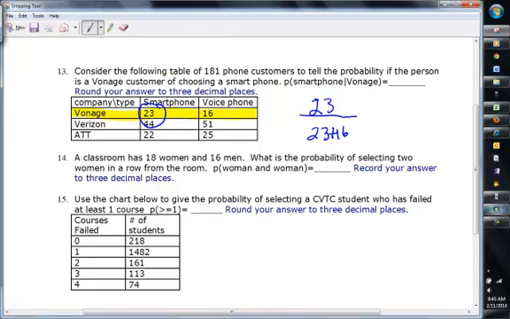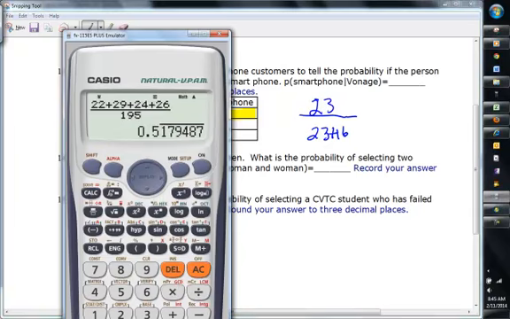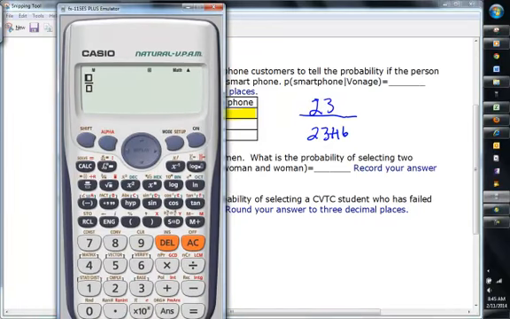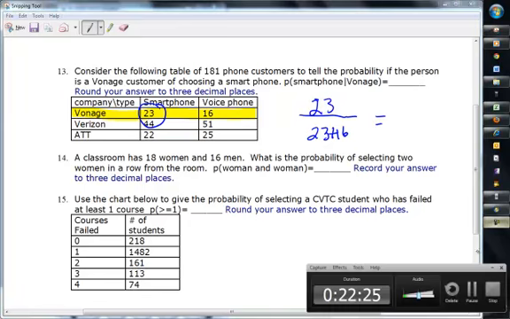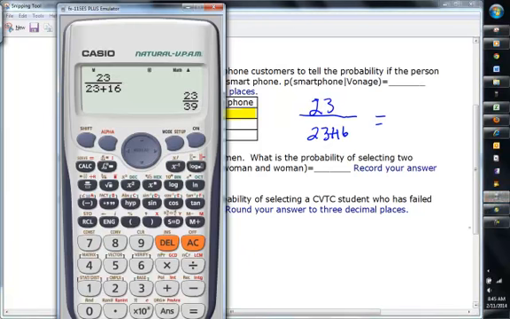So our probability is the fraction 23 over 23 plus 16, which is 23 out of 39. I've got to get that as a decimal. It is 0.590.